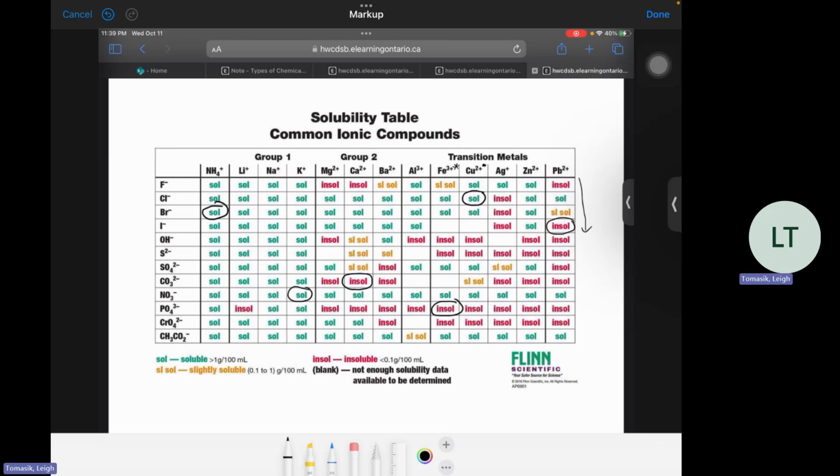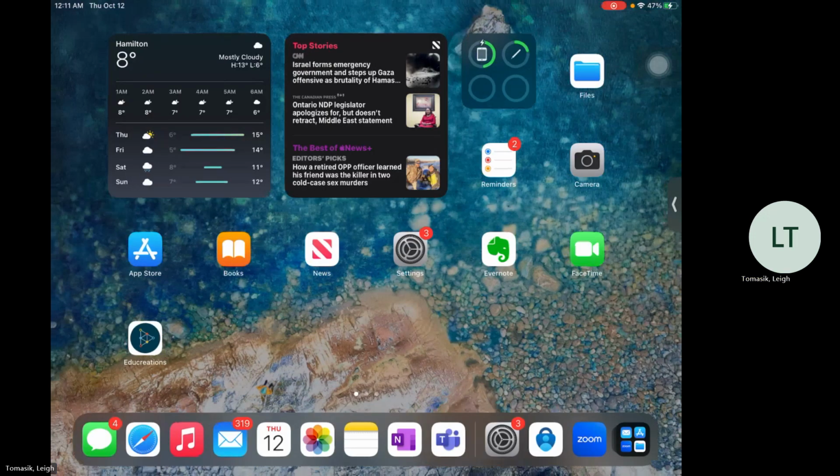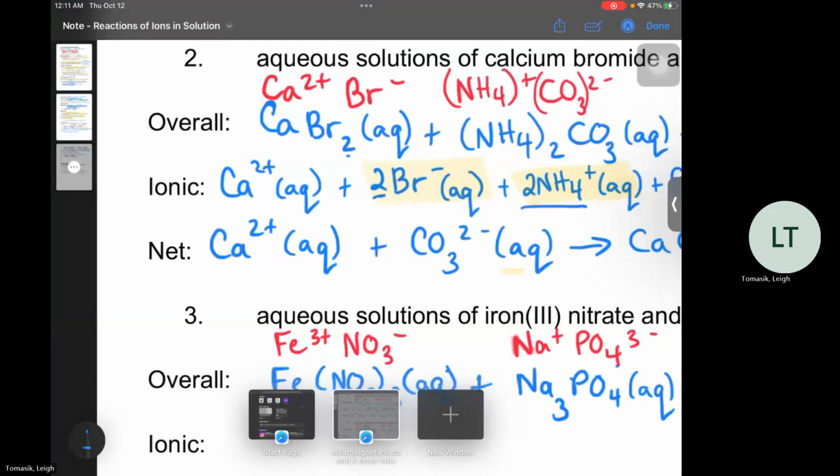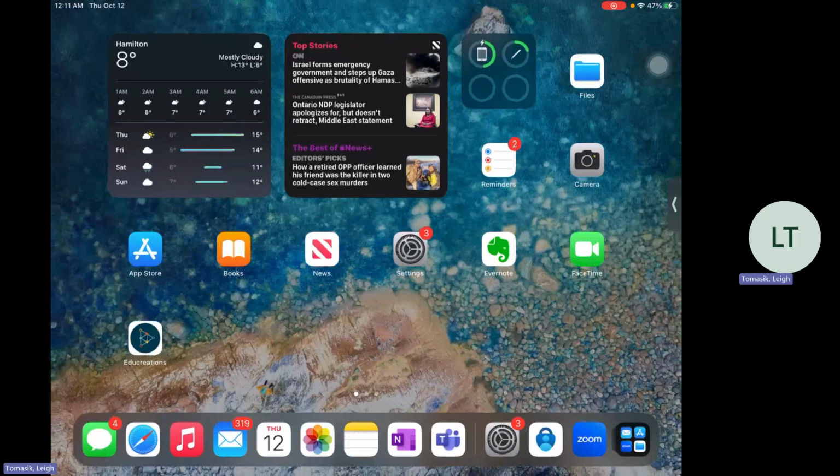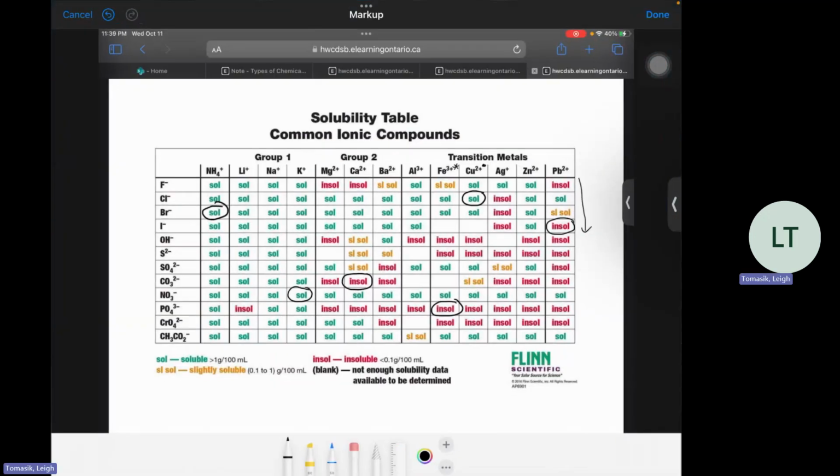And then we have sodium nitrate. Remember, all nitrates are soluble, and all group 1s are soluble. So with sodium and nitrate, everything is soluble. So it's going to be soluble, is what I'm trying to tell you.